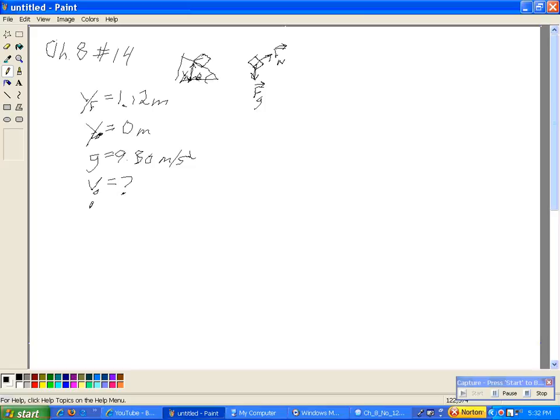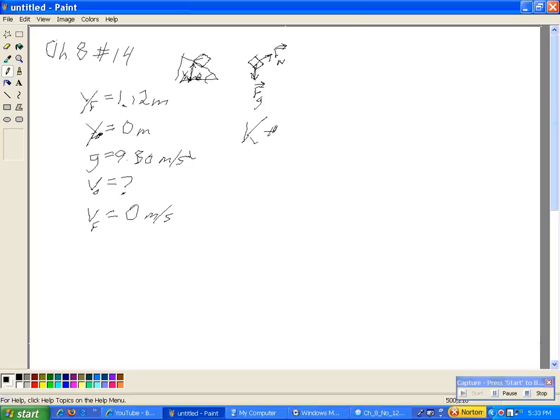But in a push, then at 1.12 meters high, its final velocity is 0 meters per second. It stops. So we are going to use the conservation of energy.